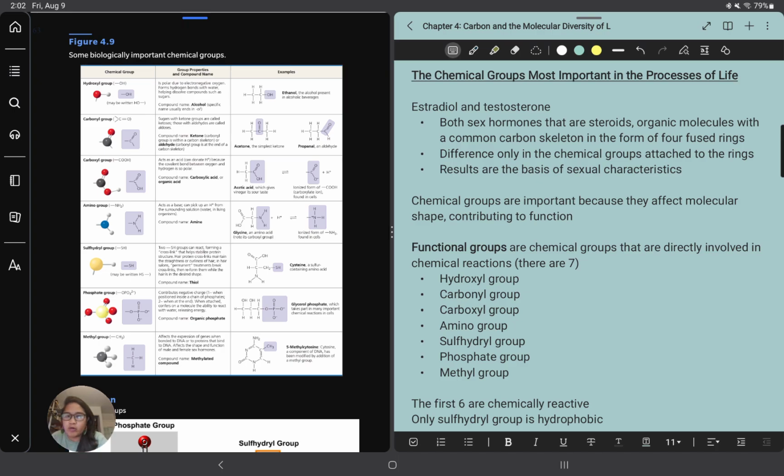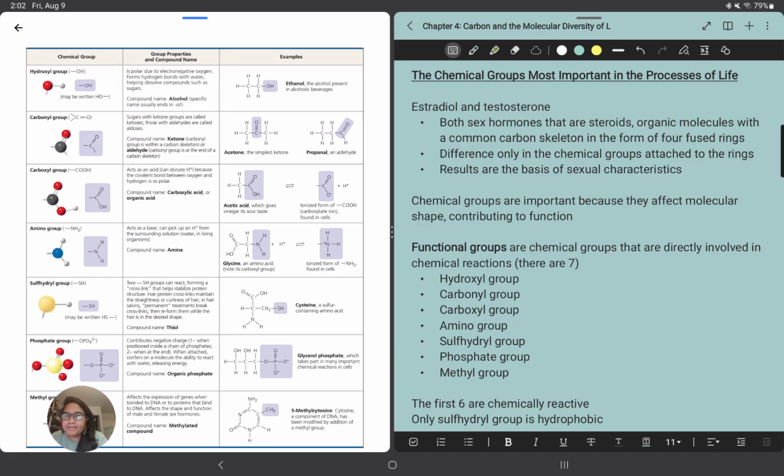So this is figure 4.9. Here we see the groups that they mentioned earlier.